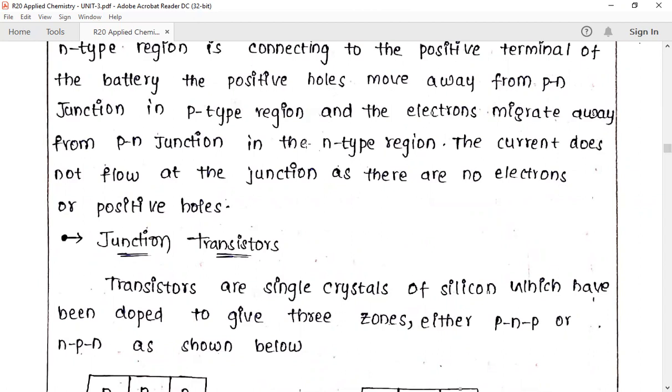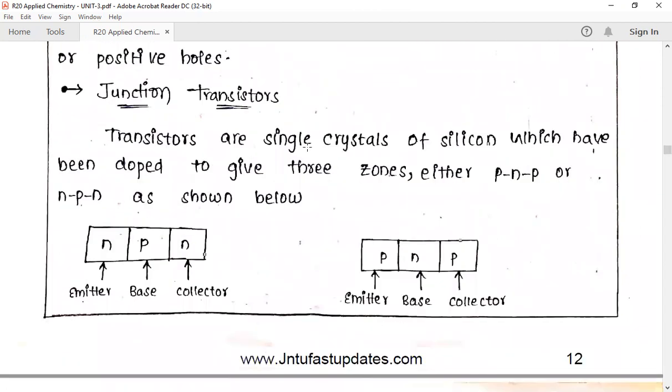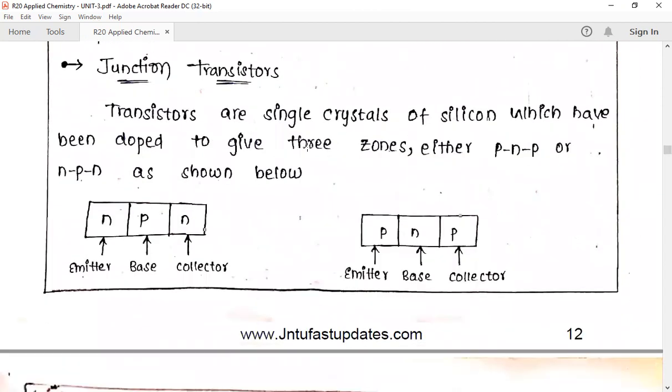Coming to the second type, which is known as the junction transistor. A bipolar junction transistor is a three-terminal semiconductor device consisting of two PN junctions, which is able to amplify or magnify a signal. It is a current controlled device.